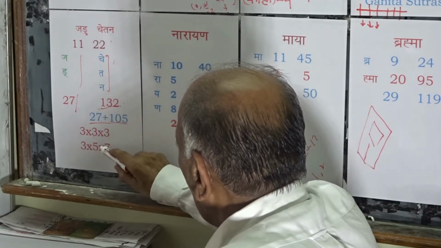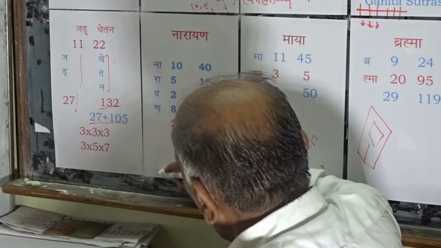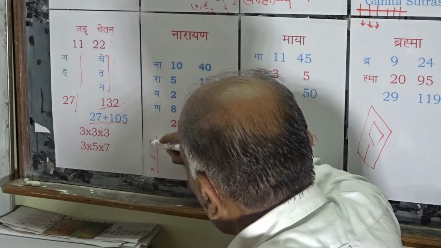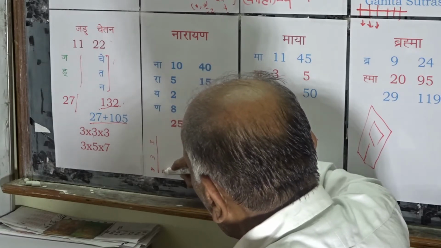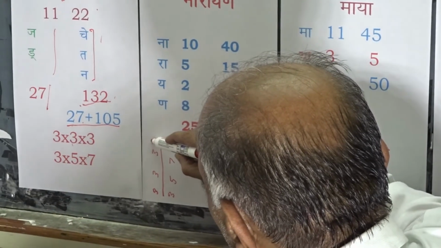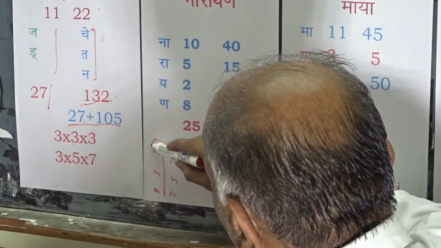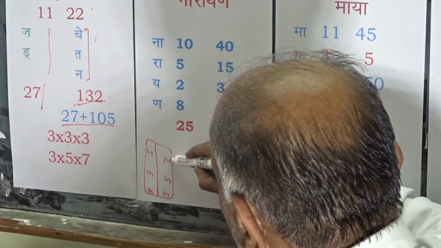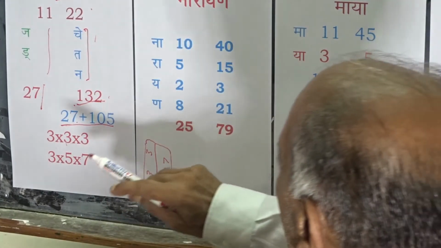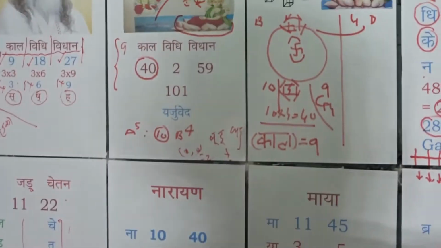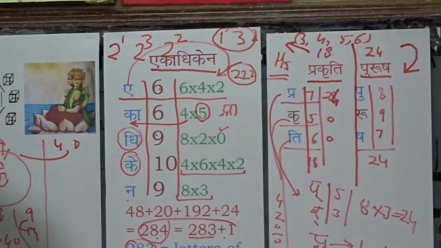It is value 3 into 5 into 7. Therefore, the values format sequentially Ekadhikain Purvain and symmetrically 3 to 5 to 7. Both formats as such are synthesizing. It is this synthesis flow which makes Jad and Chetan, and it will help us reach value 132 as we have seen there.